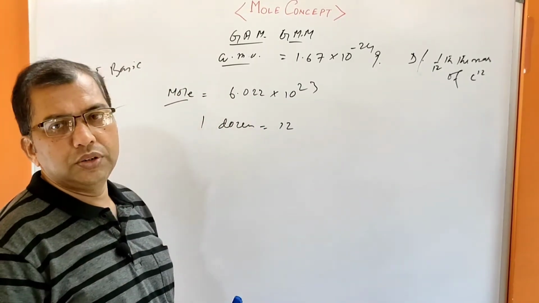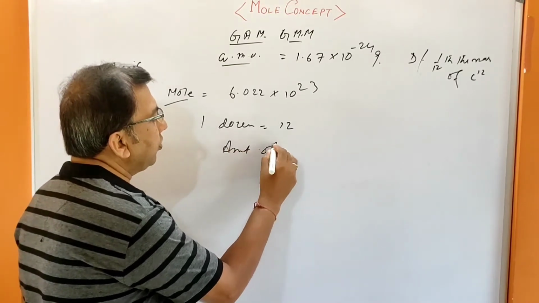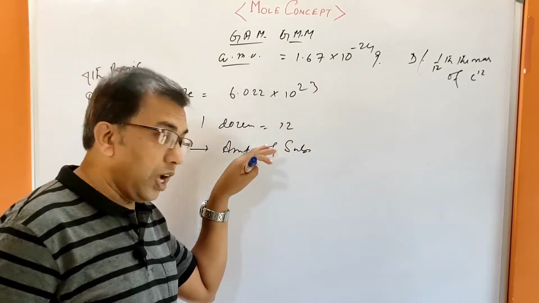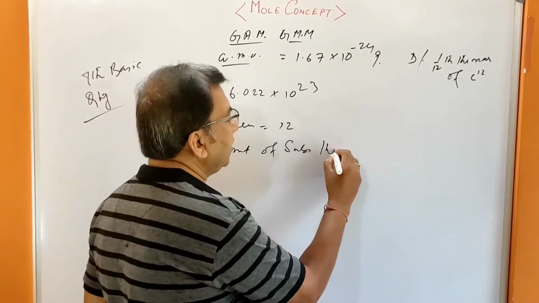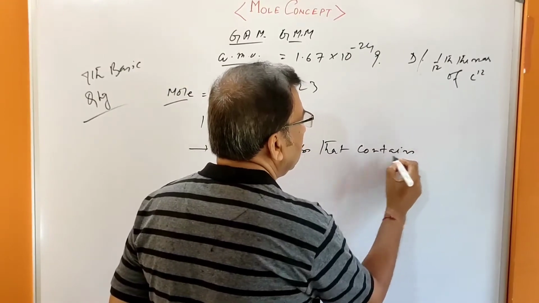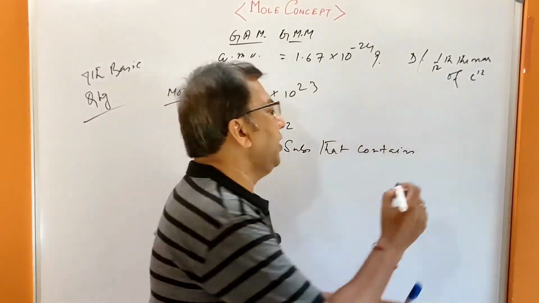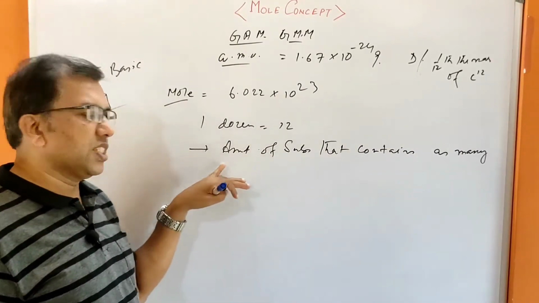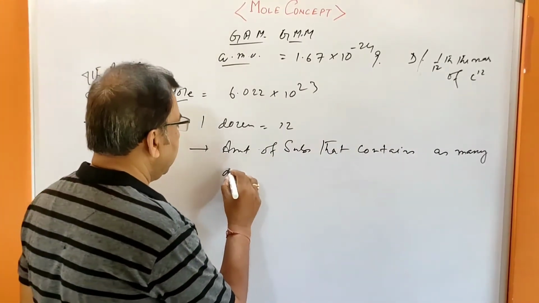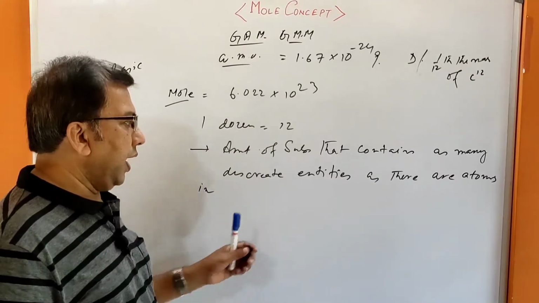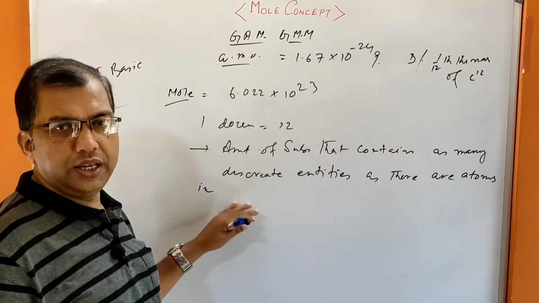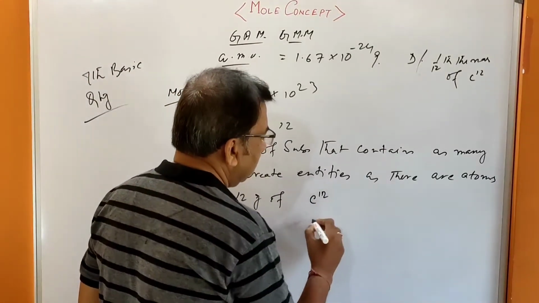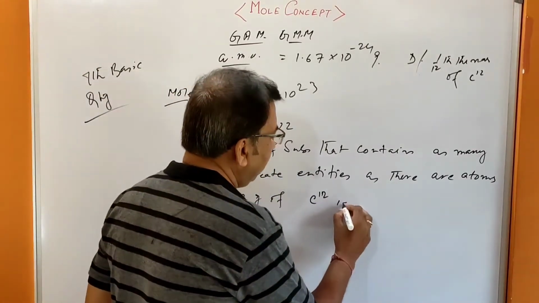So what is the definition of mole? It is the amount of substance that contains as many discrete entities as there are atoms in 12 gram of C12 isotope, carbon 12 isotope.